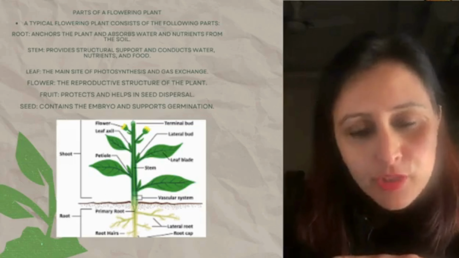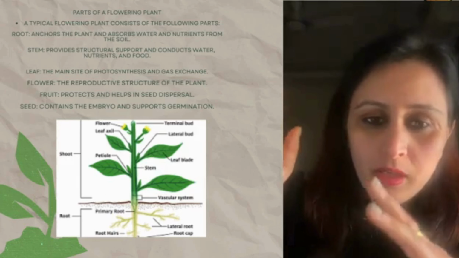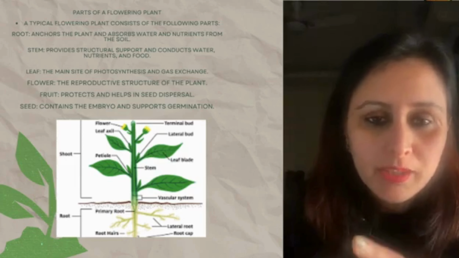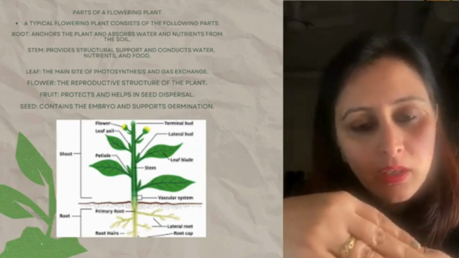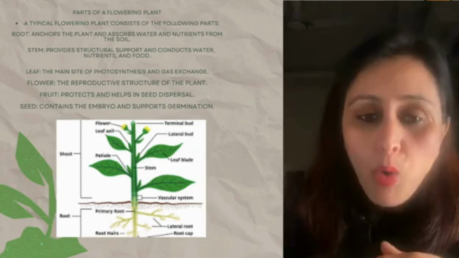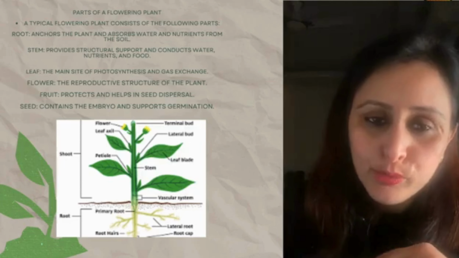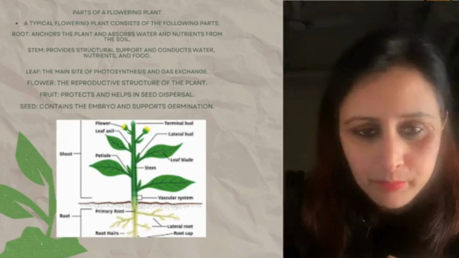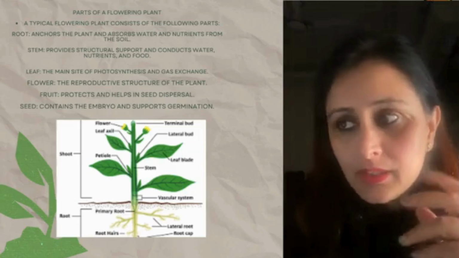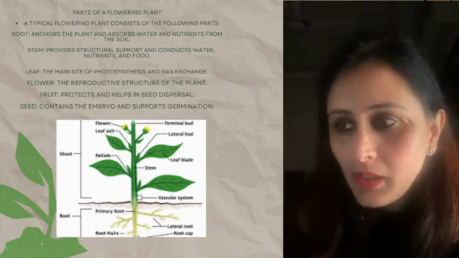So conduction is one of the major roles played by the stems. Conduction of minerals and water to the other parts, also the conduction of food which is prepared in the leaves to the rest of the parts of the plant, right? So that is done by the stem.